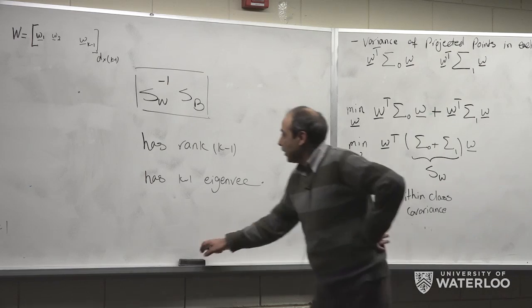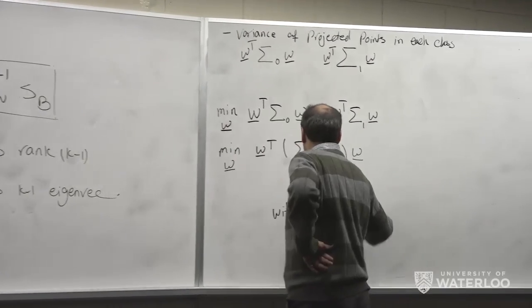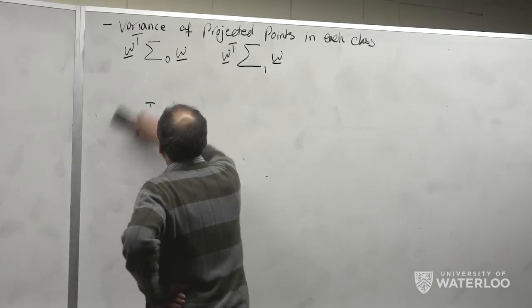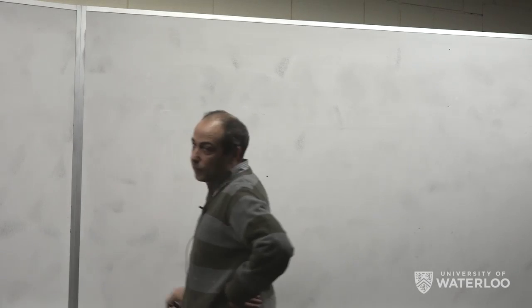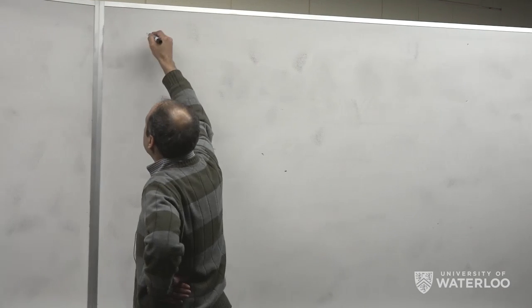The only thing you need to know here is how to calculate SW and SB, because in the two-class case they are sort of trivial.